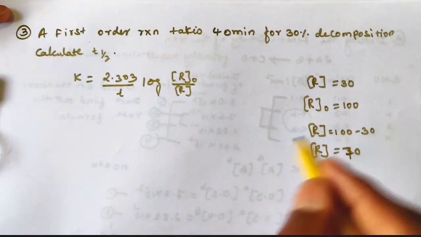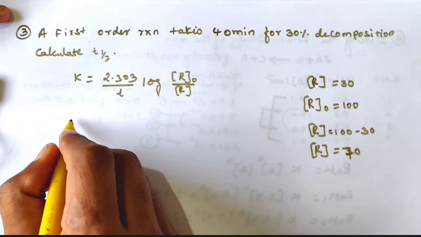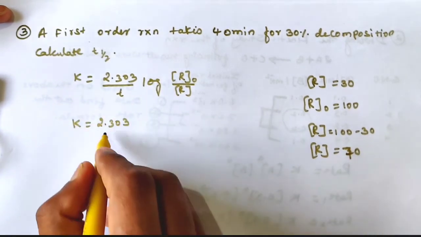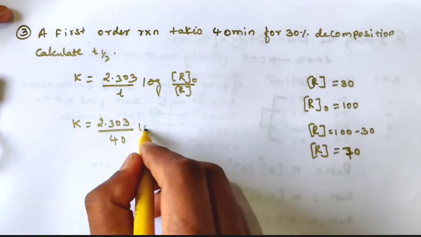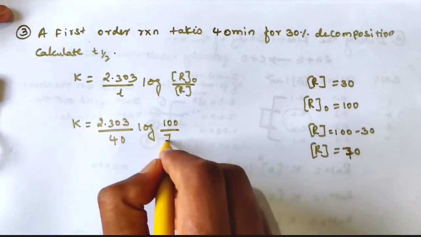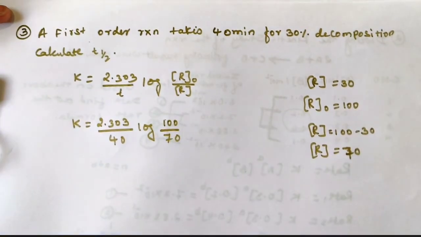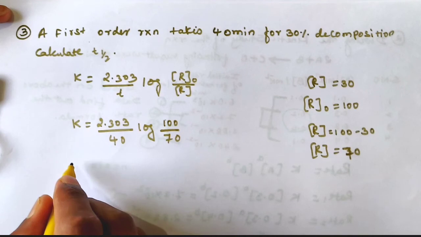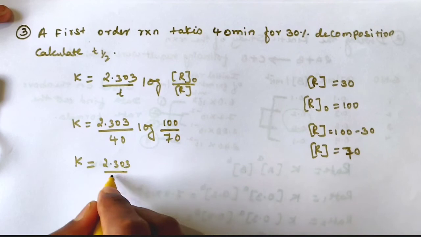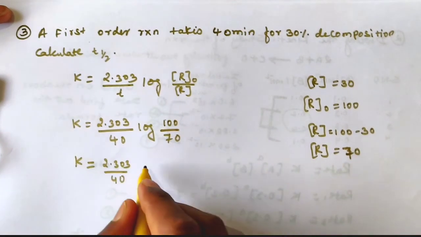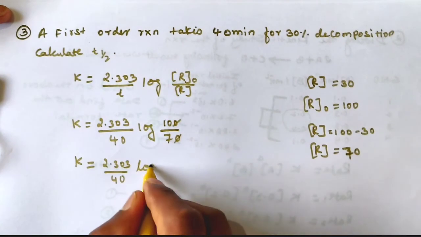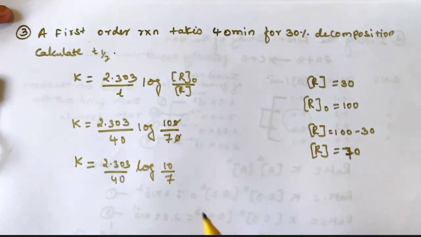Okay. So substitute in this equation, k is equal to 2.303 upon time, how much have they given? 40 minutes, log 100 upon 70. So we can write k is equal to 2.303 upon 40. 100 gets cancelled, so log 10 upon 7.